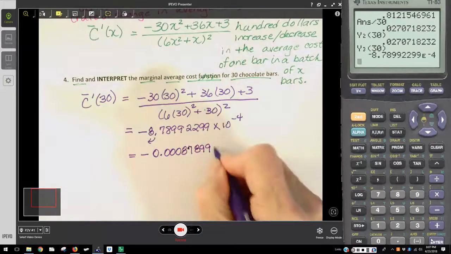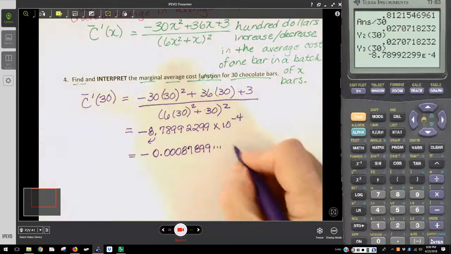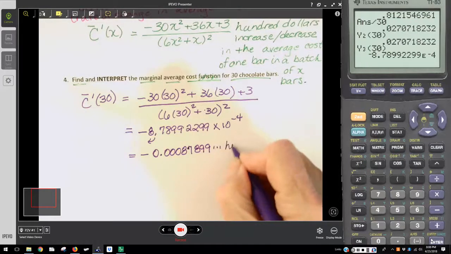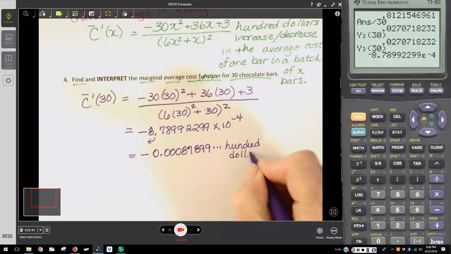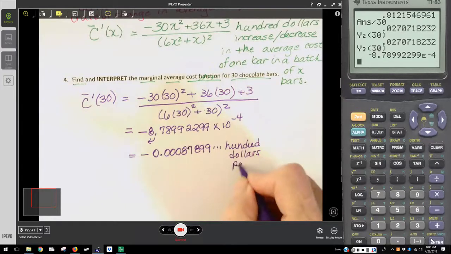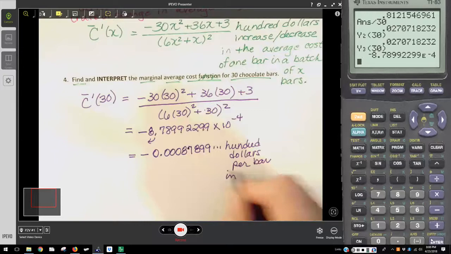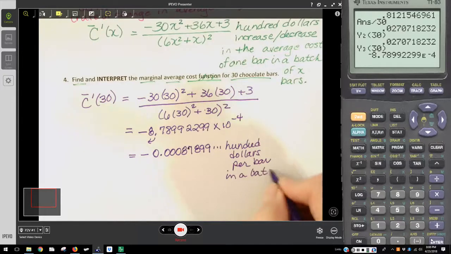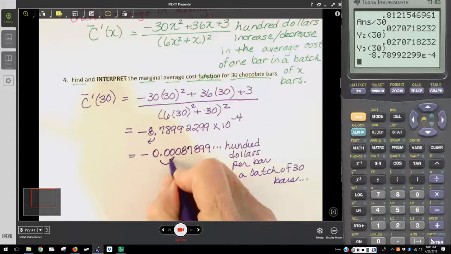We could continue on with that, but because we know that this is $100 per bar in a batch of 30 bars, and since that's hundreds, that means we're going to move this decimal back over 2 places.